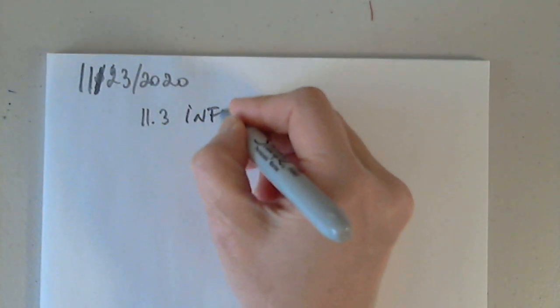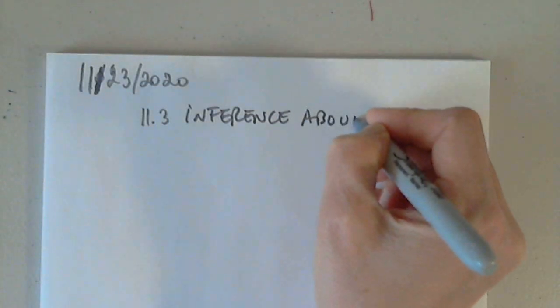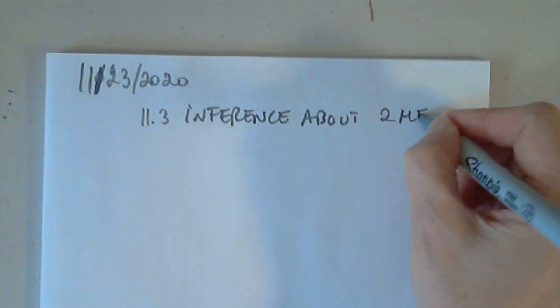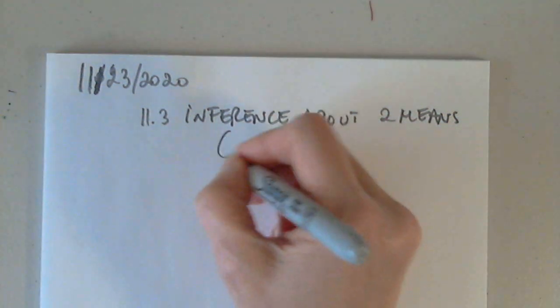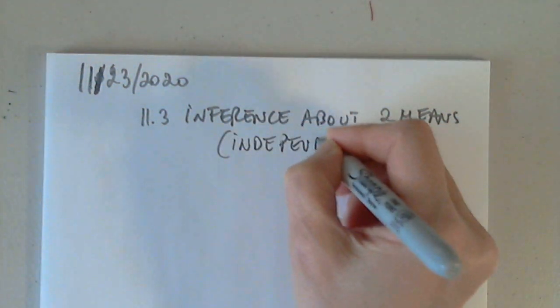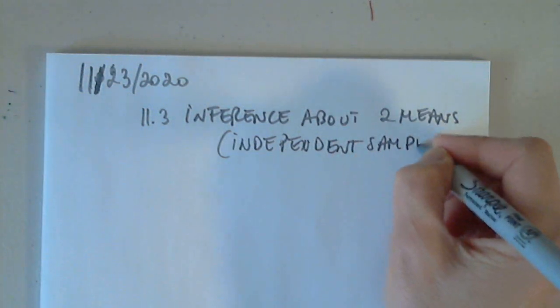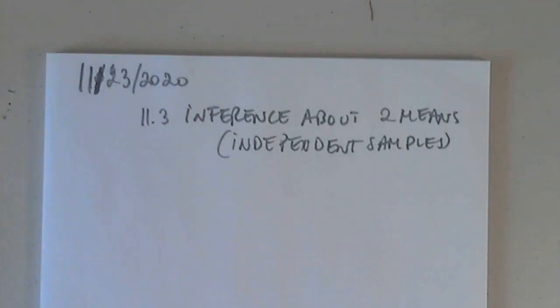Given that, we have three inferences, or inference about two means, and we're talking about independent samples. Okay. So assuming, again, we have a lot of assumptions here.